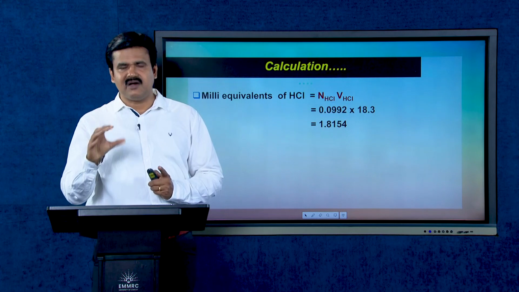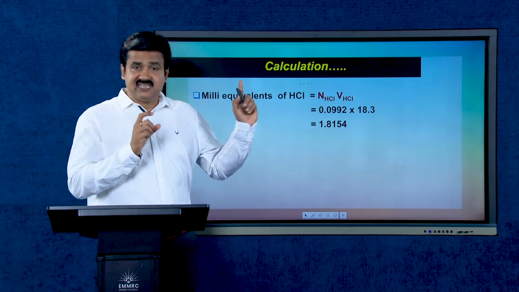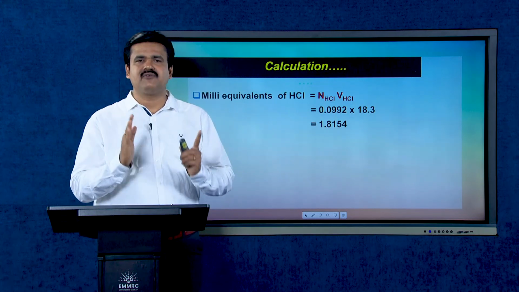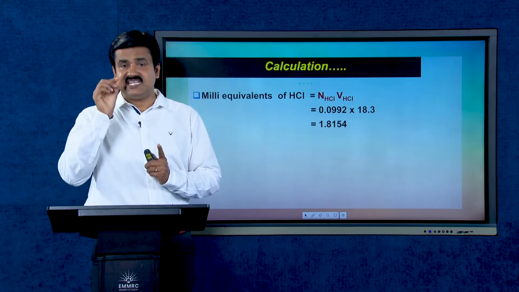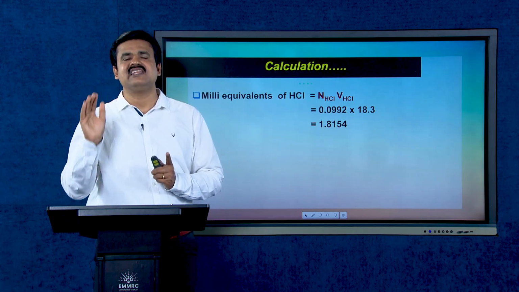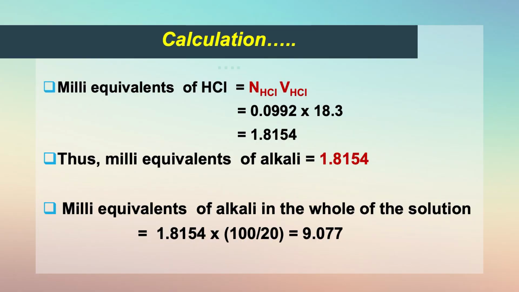Based on the theoretical part, it is very well clear that this milli-equivalence of HCl, that is 1.8154 milli-equivalence of HCl, is same as the milli-equivalence of alkali content in the antacid. That is, the milli-equivalence of alkali is same as 1.8154. Thus, milli-equivalence of alkali in the whole of the given solution is equal to 1.8154 into 100 by 20.